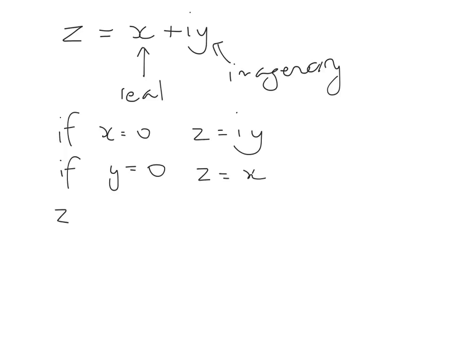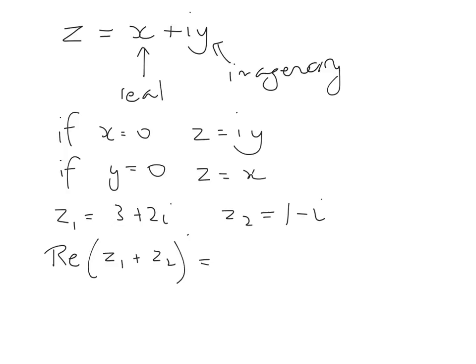So if I've got z1 is 3 plus 2i and z2 is 1 minus i, if I want to just find out what the real part of z1 plus z2 is, if I add those two together, so 3 plus 1 is 4, and then plus 2i minus i is plus i, the real part is just the first value.